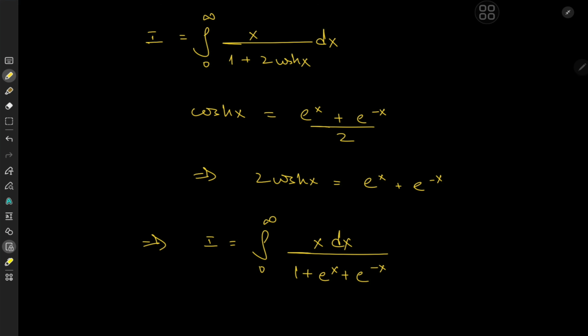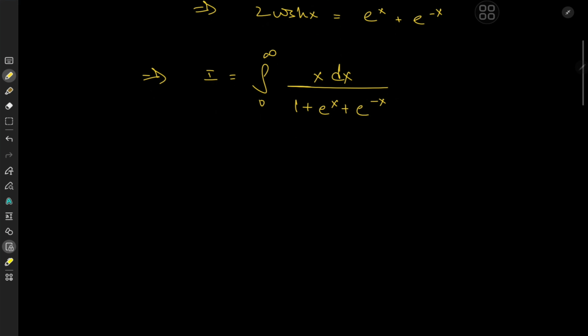And here, a substitution seems quite evident. We could let e to the minus x equal t, which implies that x equals negative log t, and this further implies that dx equals negative 1 over t dt.